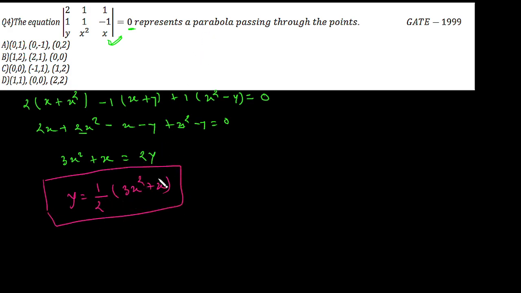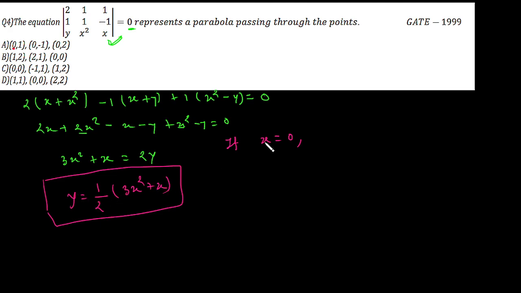So now what we have to do is go through the options one by one, put the value of x, and find what value of y we are getting for any value of x. Let's start with option A. Here the first entry represents the x coordinate. If x equal to 0, let's put x equal to 0 in this equation and find the value of y.